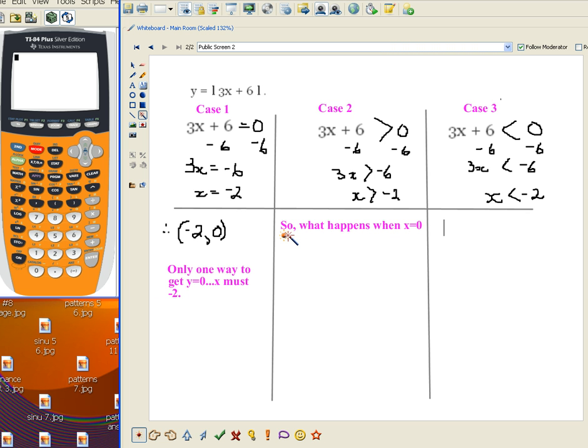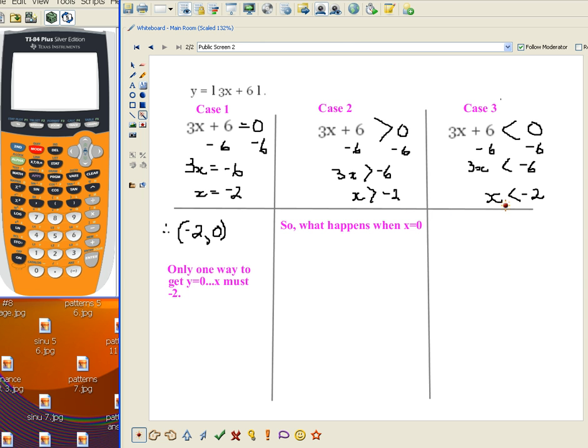I left my thinking off right here because I thought this was the interesting piece. So what happens when x is equal to 0? Well, we've got two cases left, and to be economical about our thinking, we ought to think about the conditions of each of those cases. This piece right here is telling us that x is greater than negative 2.